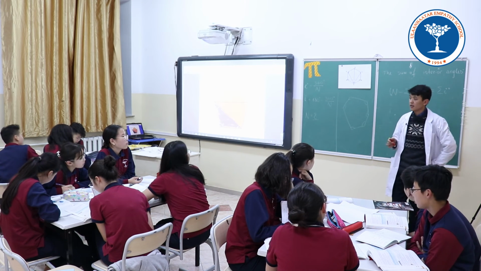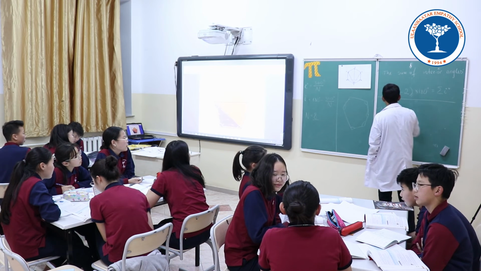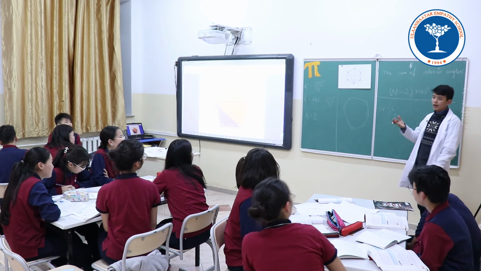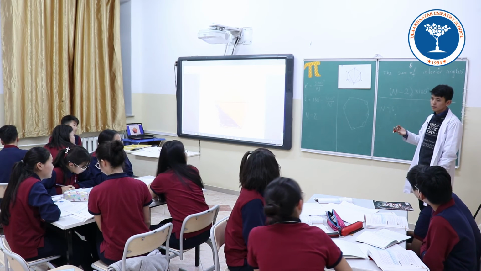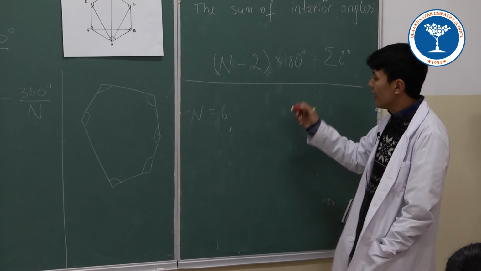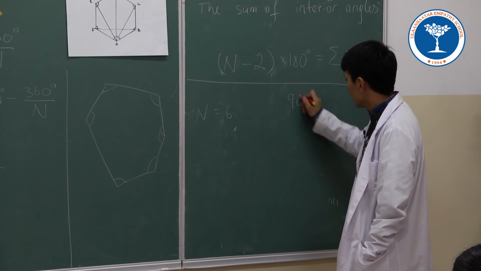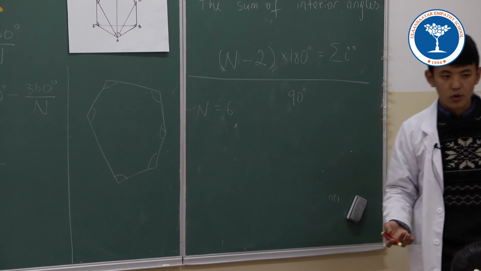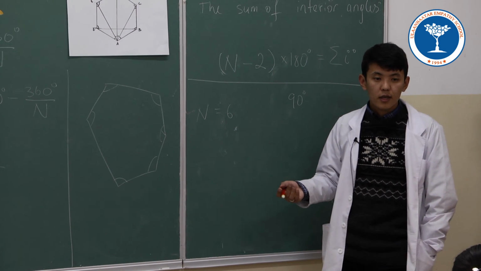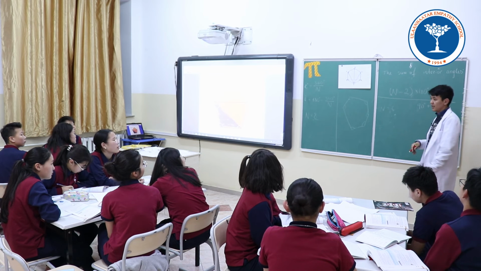How many sides does it have? Number of sides is 6, and we have 6 angles. One angle is 90 degrees, okay? And the other angles are equal to each other, so we have another 5 alphas, yes?